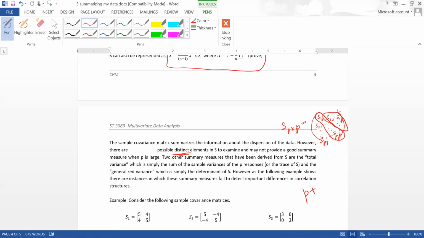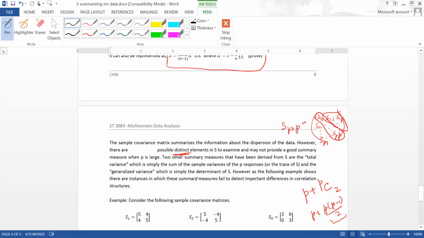Off-diagonal elements are the covariances. So how many covariance terms? You have P responses, taking 2 at a time, how many combinations? So how do we write it? P plus PC2, right? So PC2 is P times P minus 1 over 2. Some of you had this answer. So altogether P plus PC2, that's the number of possible distinct values. Is that clear?